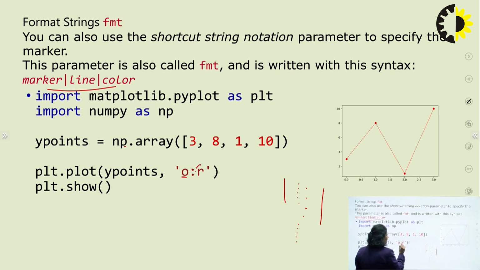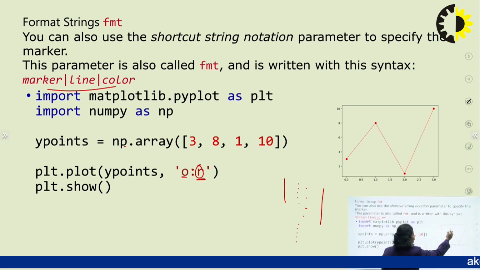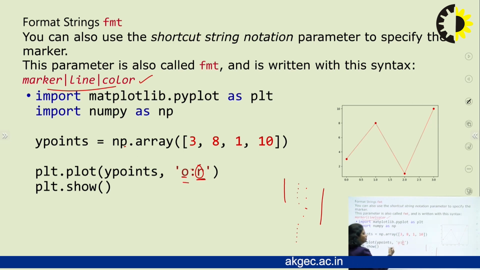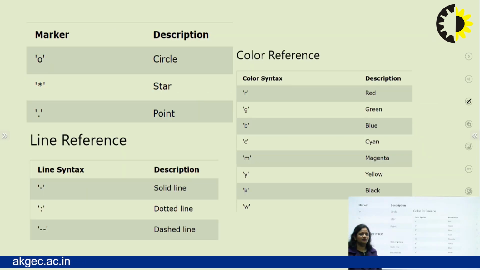And third one is a color. We are going to use a red color for markers and the line joining. So the format string will be like this, and this is used with the plot function. O is marker, this one is for lines, and third one is going to show a color, which could be red, blue, black, and so on.